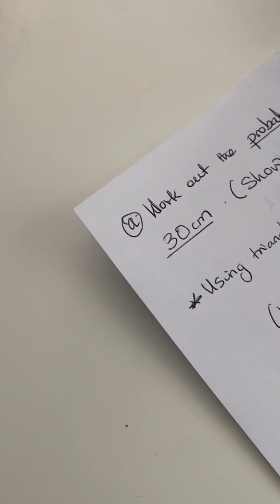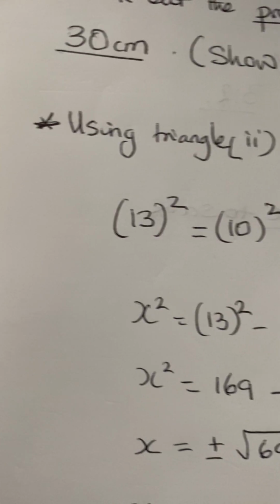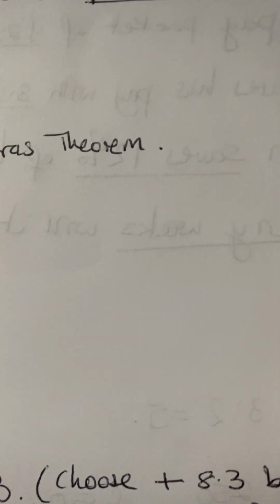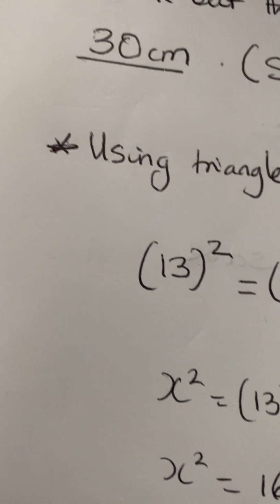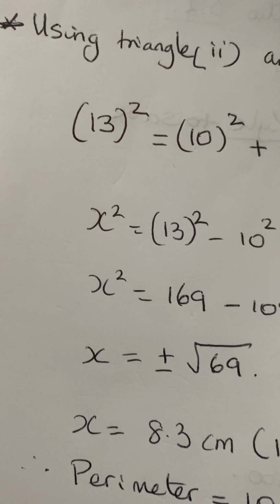Now, let's look at the question they're asking with the 3 triangles I've shown you. Work out the probability that the perimeter is less than 30 centimeters. Show working.